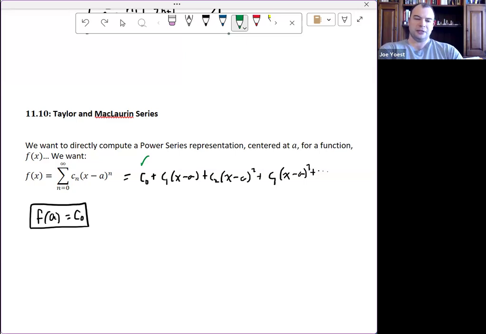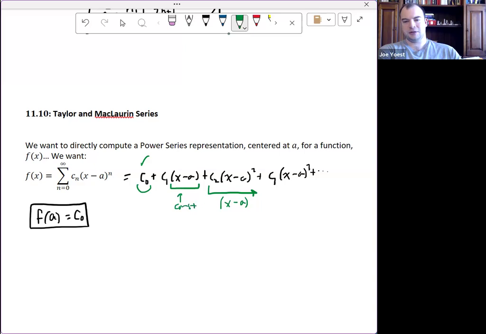Well, one thing I might notice is if I differentiate, then my second term effectively becomes a constant. My first term differentiates off, and everything from this point forward still has at least one power of x minus a.